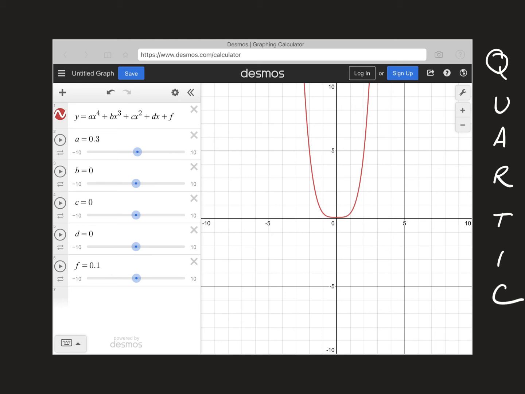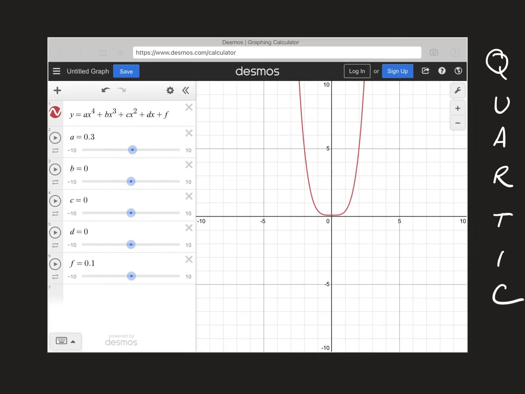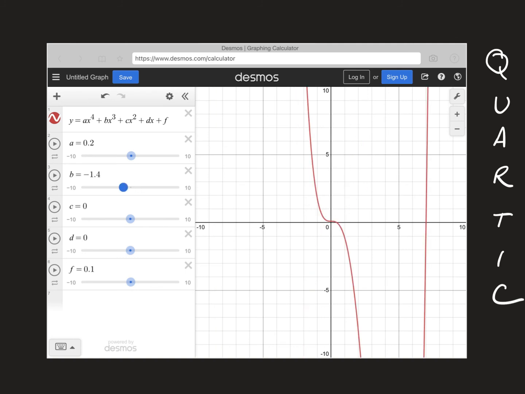The A coefficient, again, just changes the steepness, but also the direction. The B, C, and D coefficients have an effect that is similar to those in the cubic function, changing both the x-intercepts and the location of the max and mins.